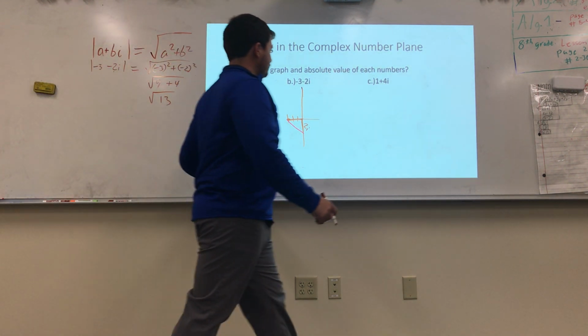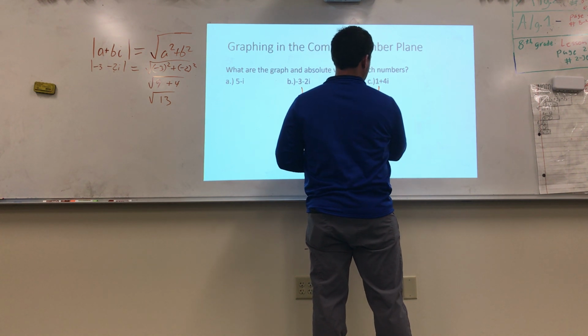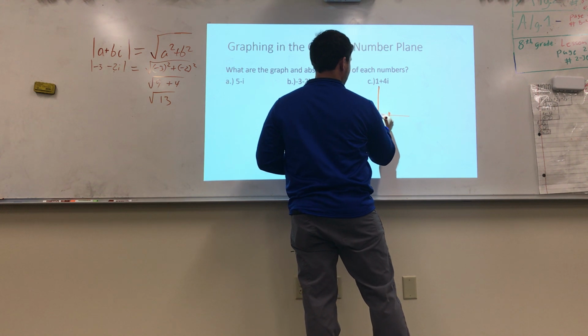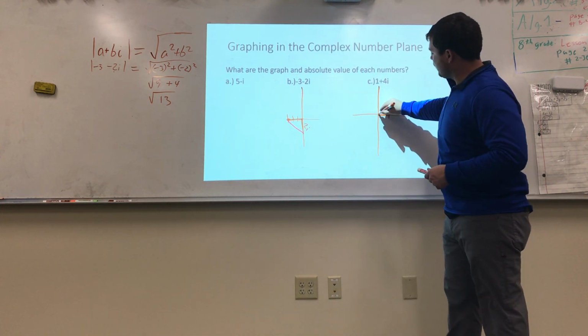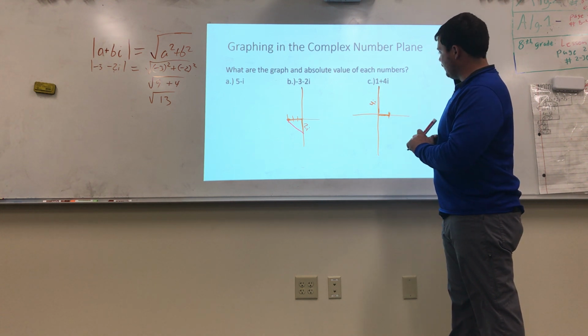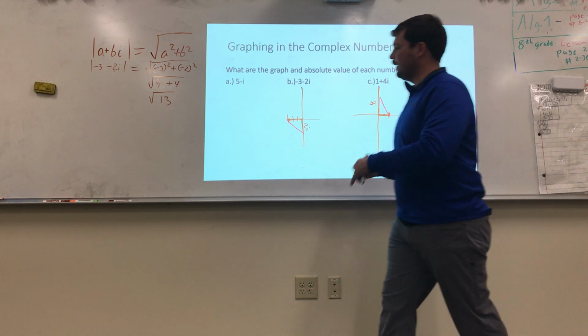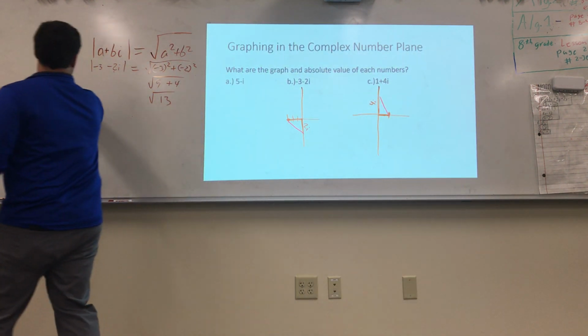Now we're going to do this one. I'm going to make my 1 a little bigger so you can see it easily. We have 1 there, and we're going to go up here for 4i. Then we want to know the distance from here to here. So we're going to plug it into this formula.